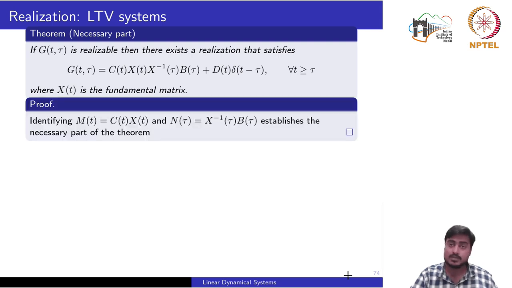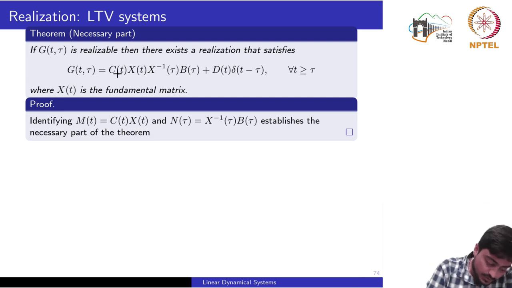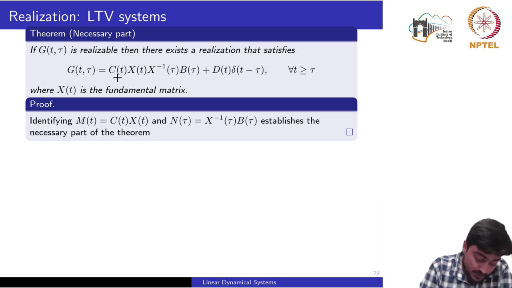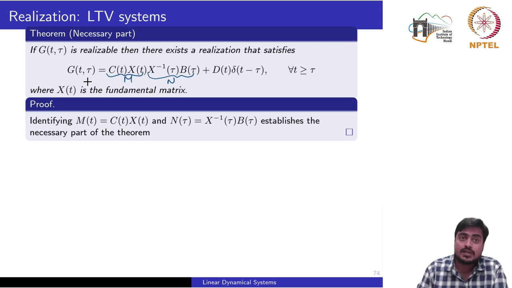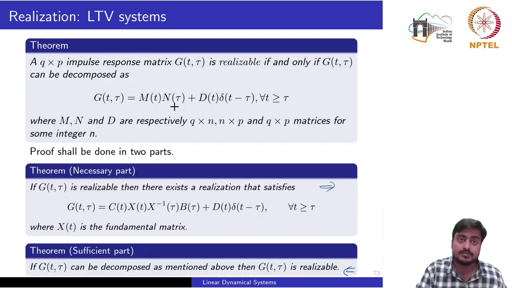So this proof is pretty much straightforward. Pay attention to this response matrix. So if we denote this C X by M and this part as N, right? So we have in fact already decomposed that transfer function in terms of the required result, meaning to say that if G(t, tau) is realizable, then there exists a realization that satisfies this part.